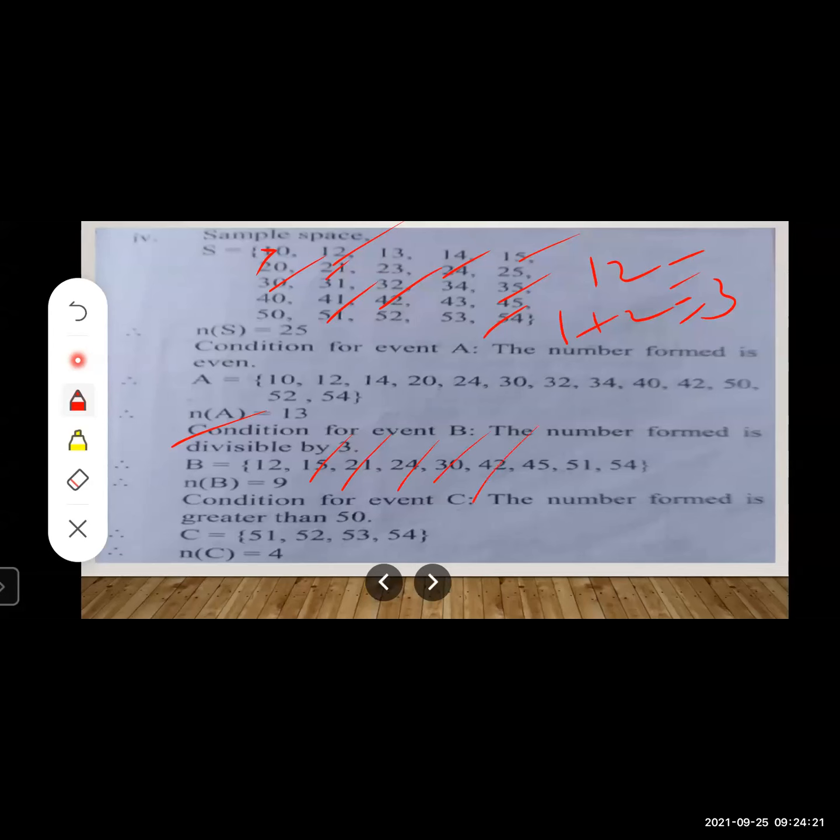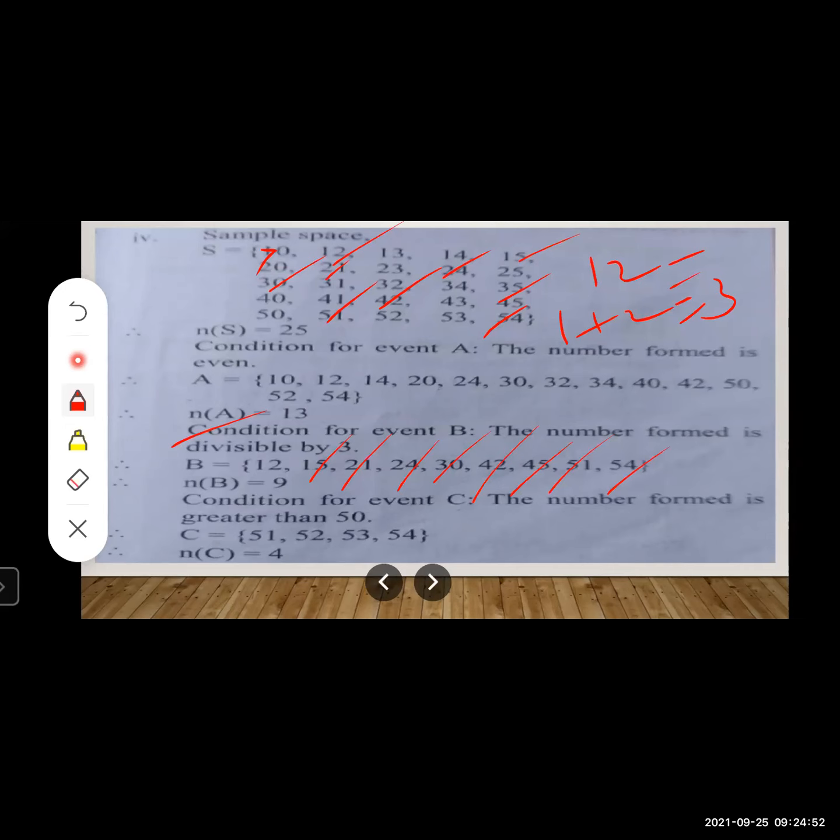Number 42: 4 plus 2 is 6. 6 is divisible by 3, right? So number 42 is also divisible by 3. 45: 4 plus 5 is 9. 9 is divisible by 3. So obviously 45 is also divisible by 3. 51: 5 plus 1 is 6. 6 is divisible by 3. So number 51 is divisible by 3. 54: 5 plus 4 is 9. 9 is divisible by 3, right?